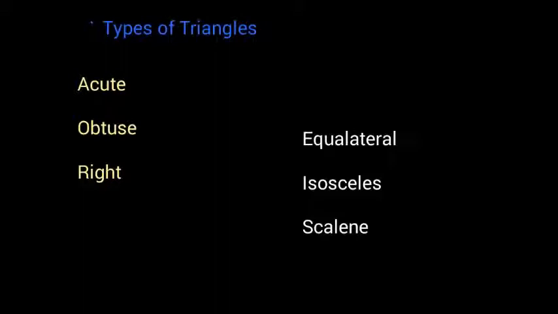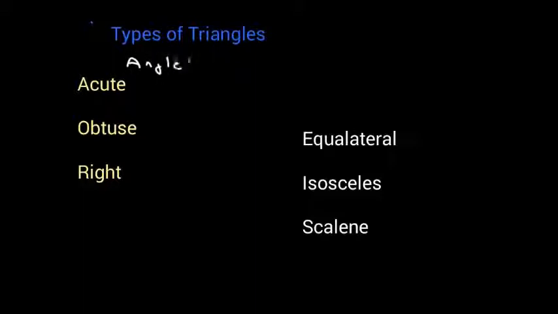Alright, today we're going to talk about types of triangles, and there's two ways to classify triangles. One based on angles, and the other based on sides. So this side is angles, and these are sides. So acute means all the angles are acute.